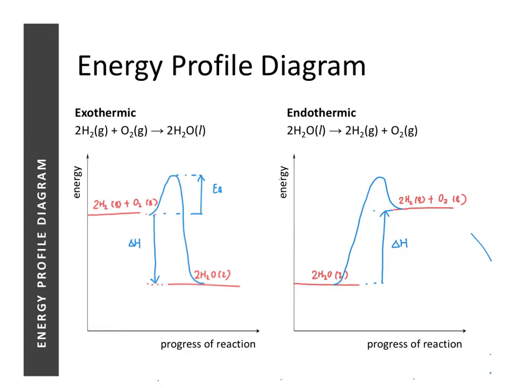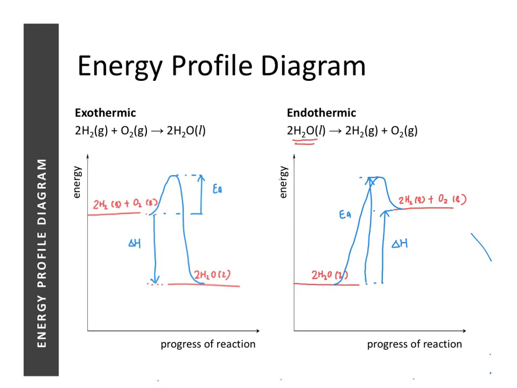In this second reaction that we're looking at, the reactants would be your water. So your activation energy would be from here, your reactants, to the highest point. This is the energy profile diagram for the opposite reaction.